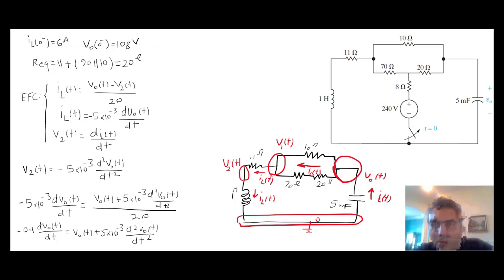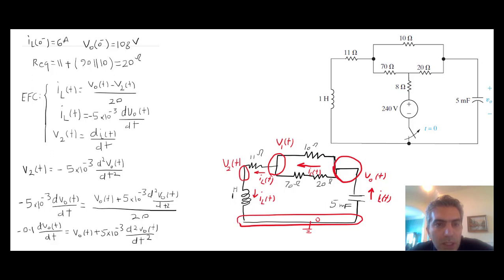Now I'm going to move stuff around and also divide everything, both sides, by 5 10 to the minus 3, so that I bring this to the general form for the differential equation.